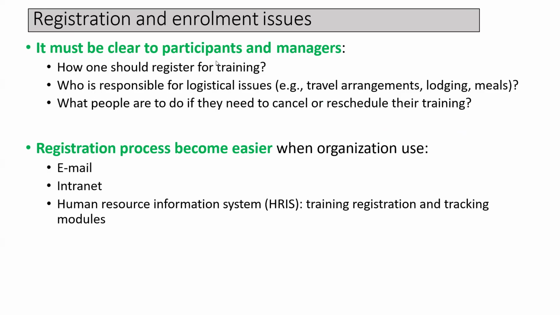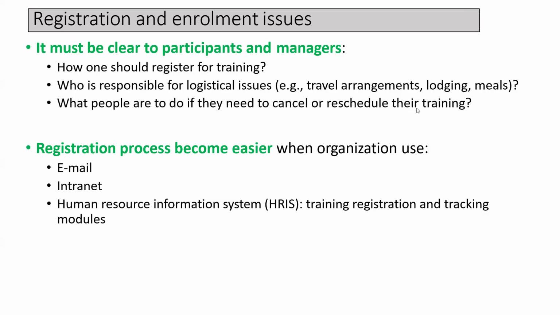It must be clear to participants and managers how one should register for the training, and who is responsible for logistical issues, for example travel arrangements, lodging, meals. All this information needs to be provided at registration. What people are to do if they need to cancel or reschedule their training program.